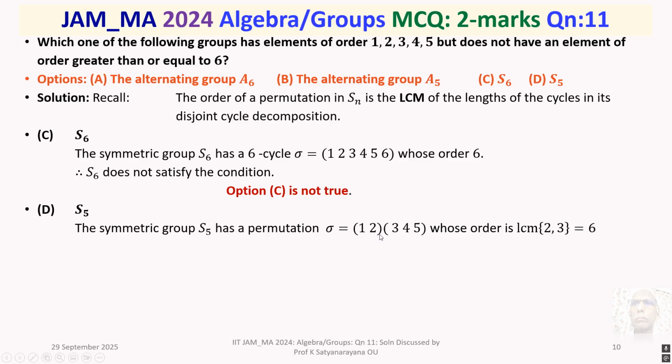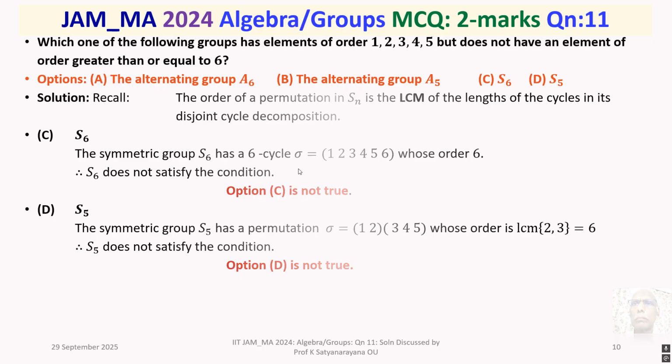It corresponds to cycle type 2, 3, that is the partition 2, 3, whose order is the LCM of 2, 3, which is 6. So S5 does not satisfy the condition. Therefore, option D is not true.